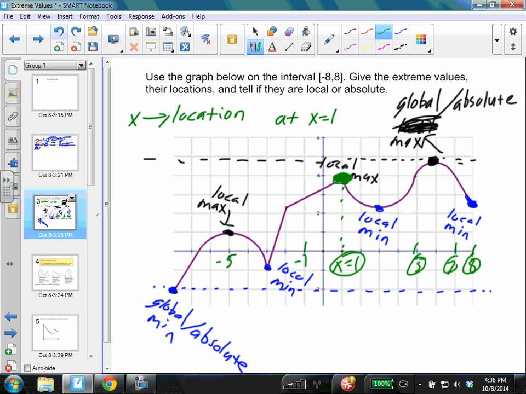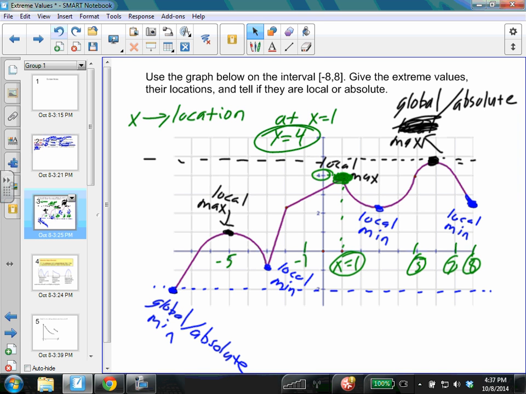That's where it is. It's at X equals 1. But if we said what is the extreme value, well, in this case, that's the Y, which would be 4. So the extreme value would be 4, and it's located at X equals 1. Okay, so the actual extreme values are the Y's, and the X's are only used to give us locations. Okay, locations. And hopefully that's fairly simple to understand.